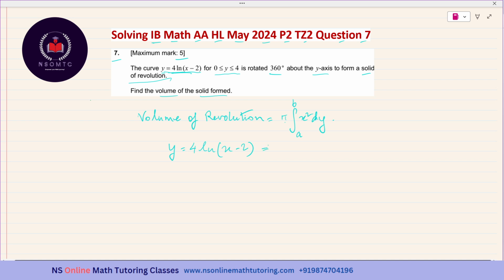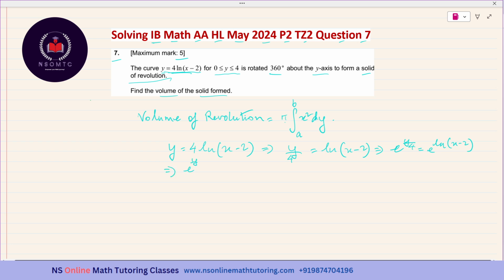So this is y divided by 4. I'm dividing both sides by 4. So y over 4 equal to ln of (x minus 2). And then I am raising both sides to e to the power of. So it is e to the power of y over 4 equal to e to the power of ln of (x minus 2).